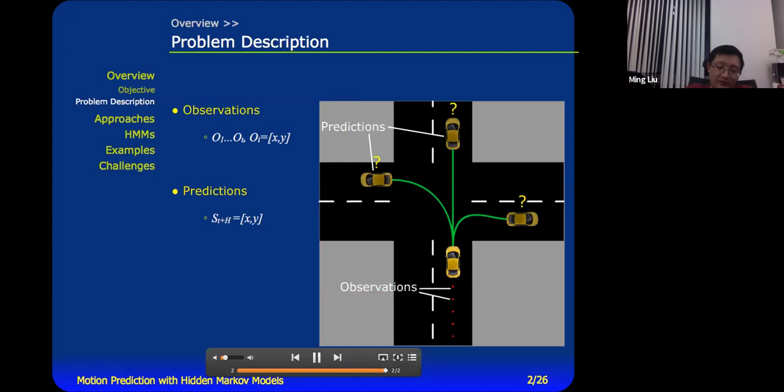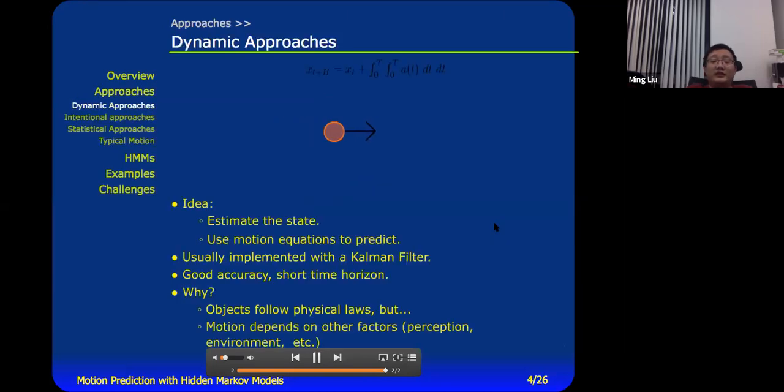So it's important to model the problem as a Bayes equation. A dynamic approach is, if you know the previous states and you want to predict what happens next, nothing else than the double integral over the acceleration when it's a linear motion.